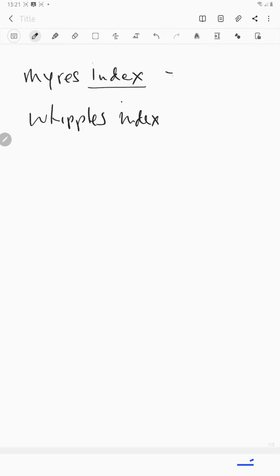We have the Myers index and we have the Whipple's index. These two terminologies, the Myers and the Whipple's, are used to determine the levels at which people can be described.